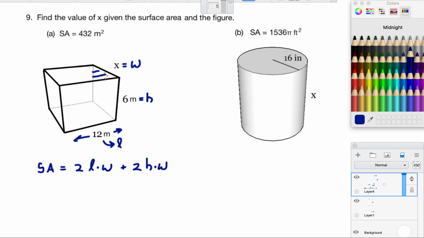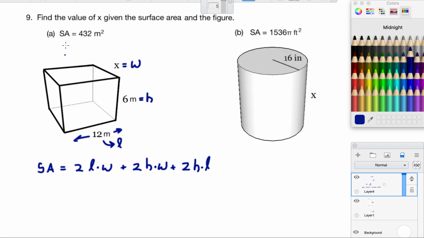And so we're talking about these rectangles on the left and the right side, right there. And we've got the top and the bottom. Nope, we already did the top and the bottom. We have the front and the back. So the front is the length and the height. Height times length. And so that's the front one here, and then the back one.